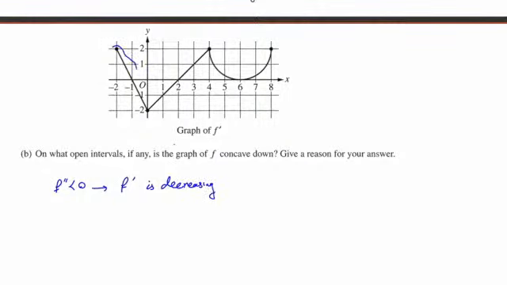Here in this part it is decreasing, in this part increasing, again in this part decreasing. Because it says open intervals, the answer is from negative 2 to 0, union 4 to 6, because f prime is decreasing.